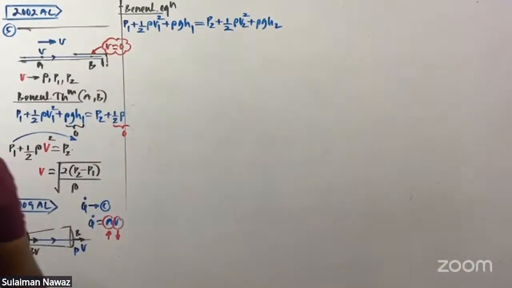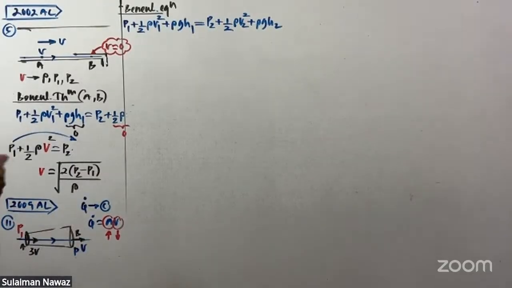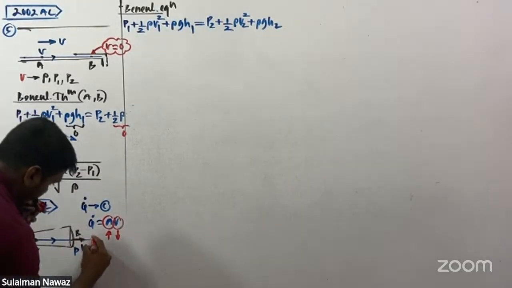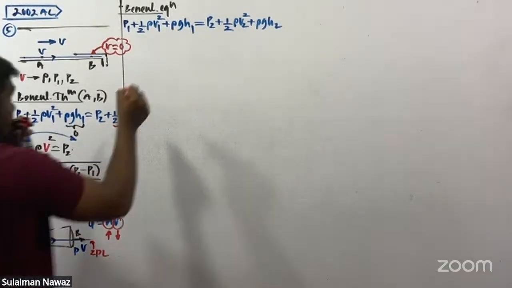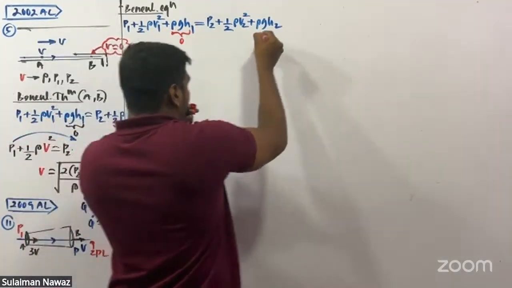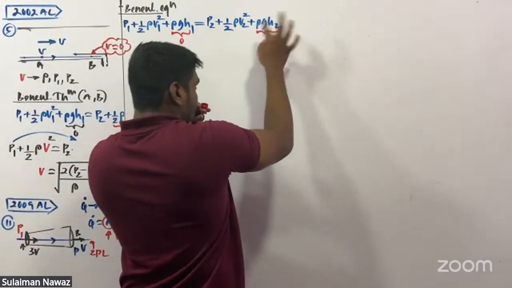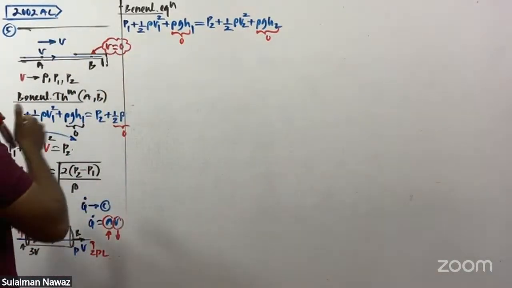Same story, since point capital A and point capital B are at the same horizontal level. If you consider this horizontal streamline as the zero potential level, then the gravitational potential terms become zero. Rho g h1 and rho g h2 become zero. You know why. Then thereafter, direct substitution.